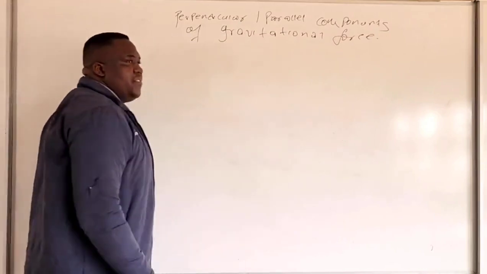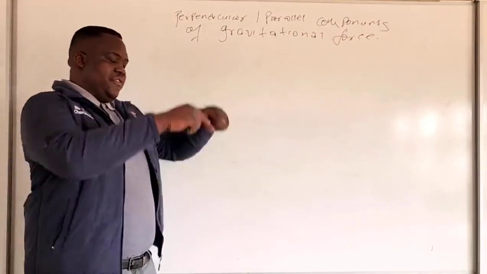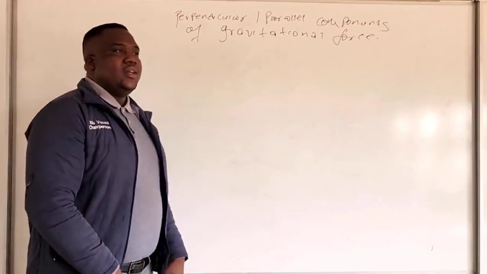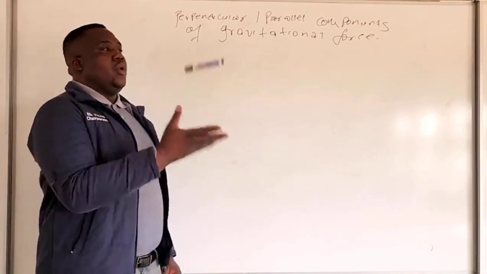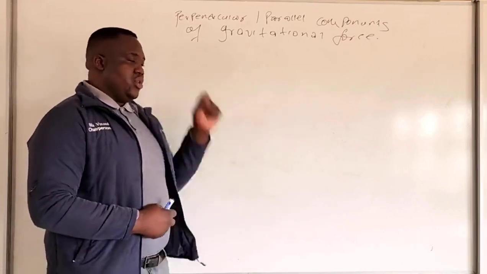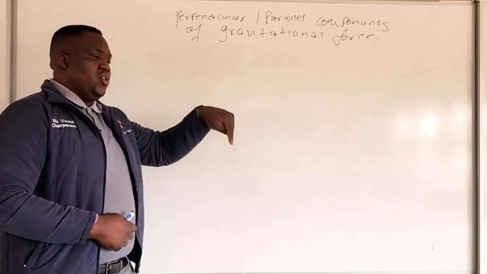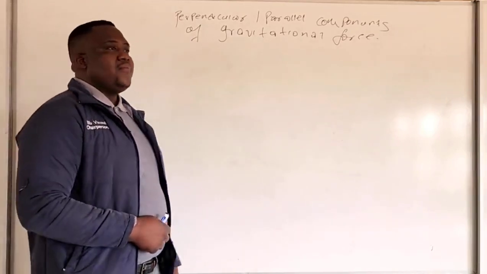The force of gravity. In lesson 1, I told you that the force of gravity is always downward. It is a force that will always pull things toward the center of the universe. Everything is going to be pulled down. So the direction of the force of gravity is always downwards.